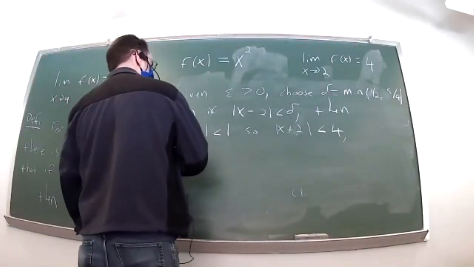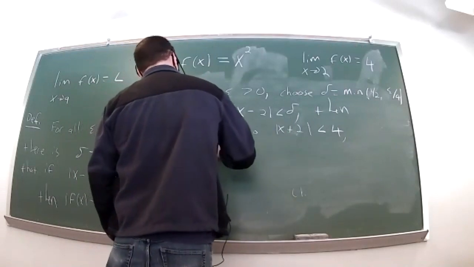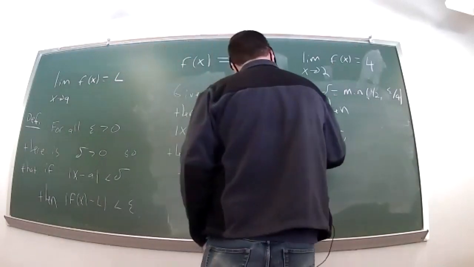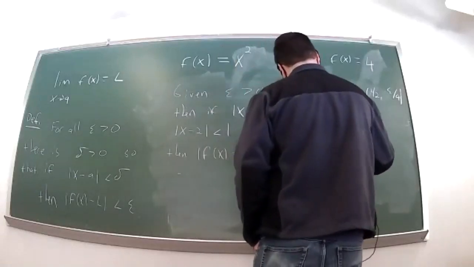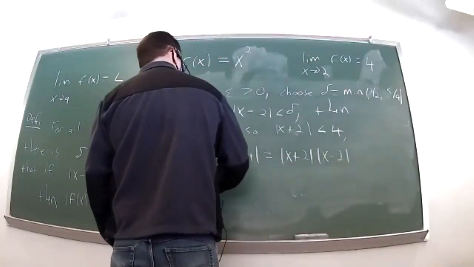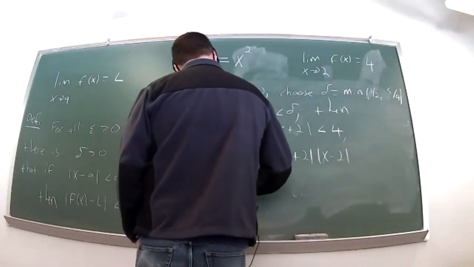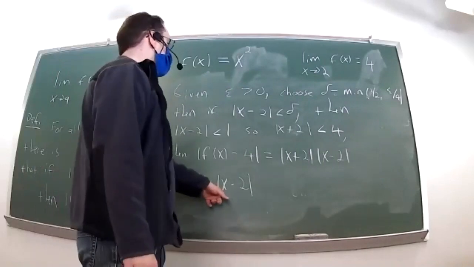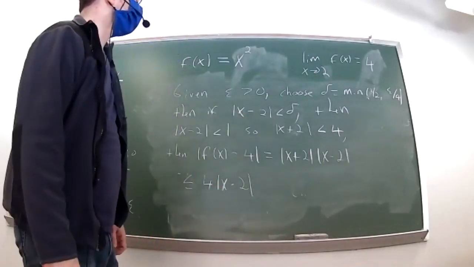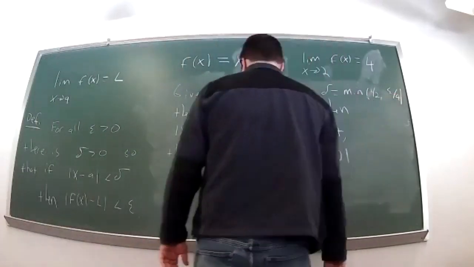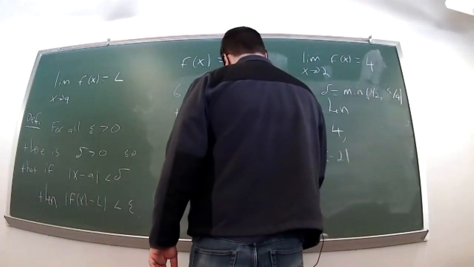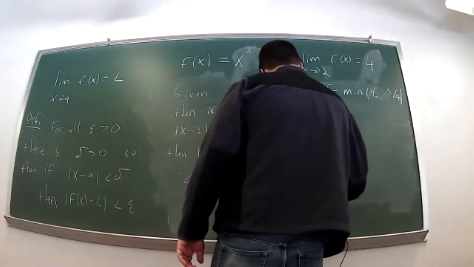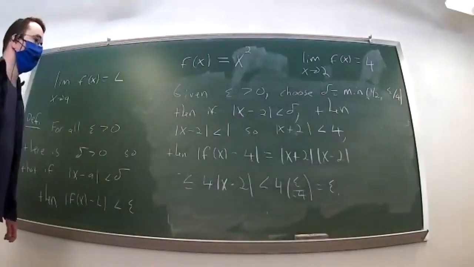So if |x minus 2| is less than delta, then |f of x minus 4|, which is equal to |x plus 2| times |x minus 2|, is going to be less than or equal to 4 times |x minus 2|, and then |x minus 2| is less than delta, and delta is less than epsilon over 4, so this will be less than 4 times epsilon over 4, equals epsilon.